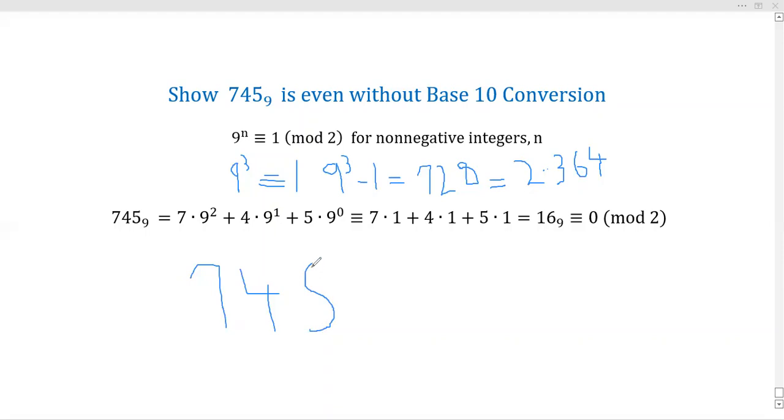Okay, 745 base 9 is congruent to 0 mod 2.